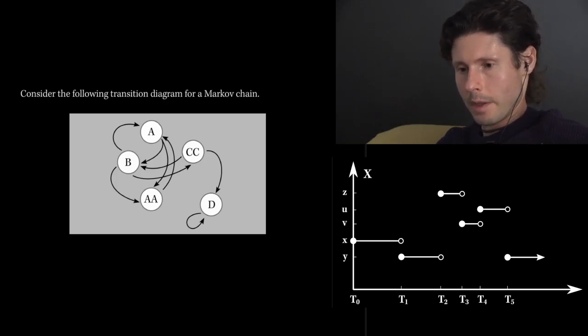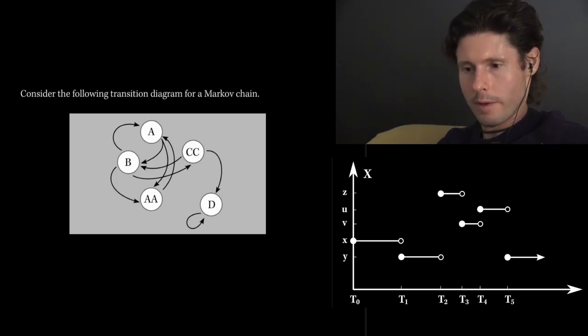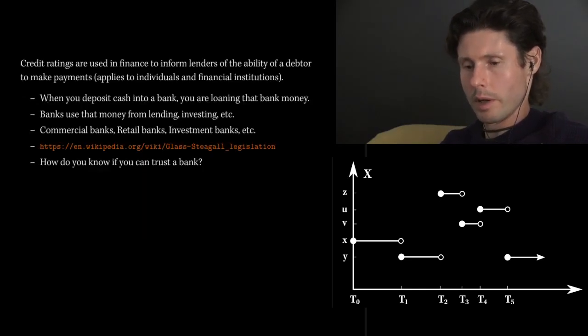So these letters, the A, B, and CC, they refer to something. They, in fact, refer to what are called credit ratings in finance. So if you've ever rented an apartment, you would have had to provide a credit score, and the same type of concept is used for financial institutions, but they're called credit ratings.